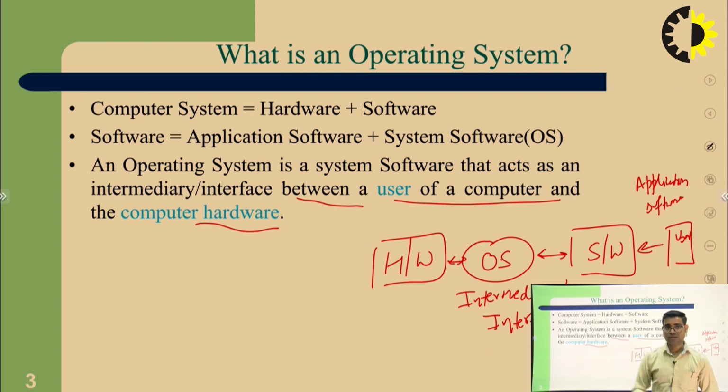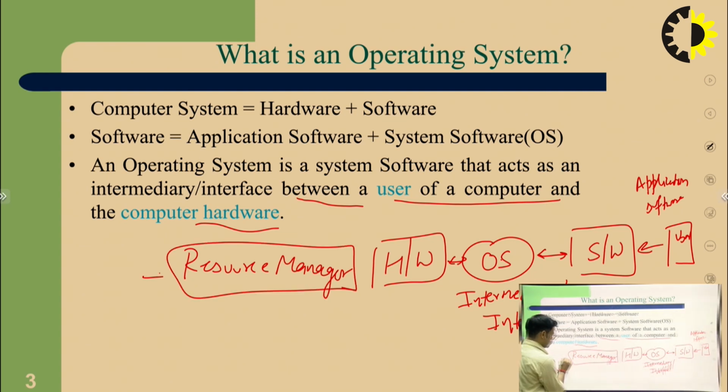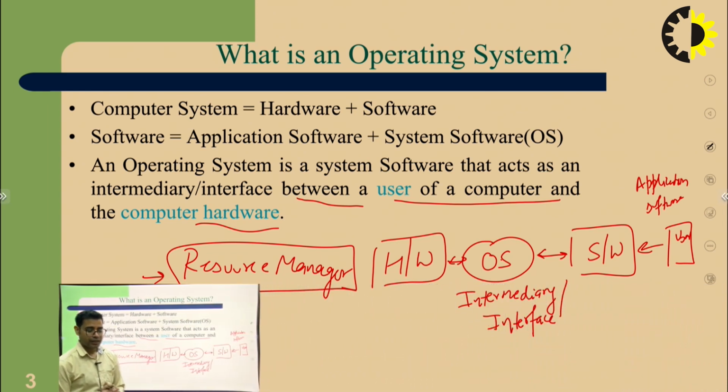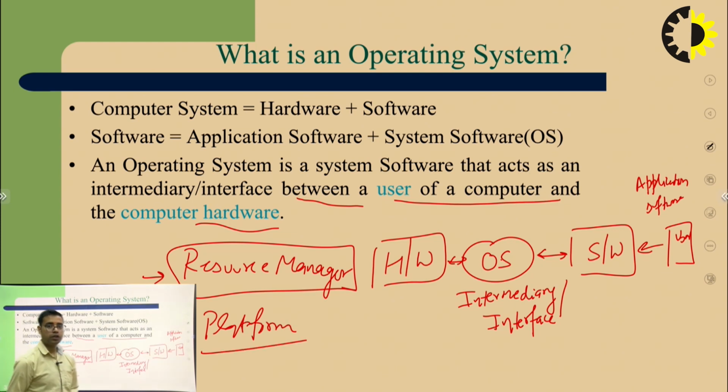So operating system here acts as a resource manager. It provides the resources to the different software like applications, right? It acts as a platform for the user.